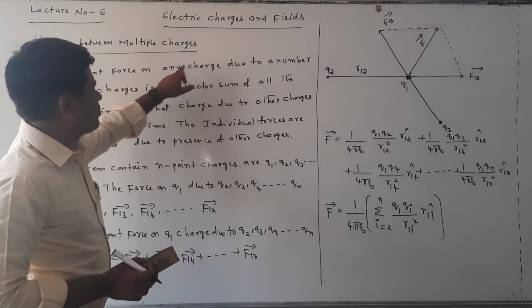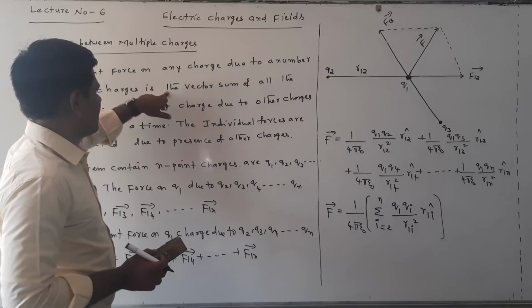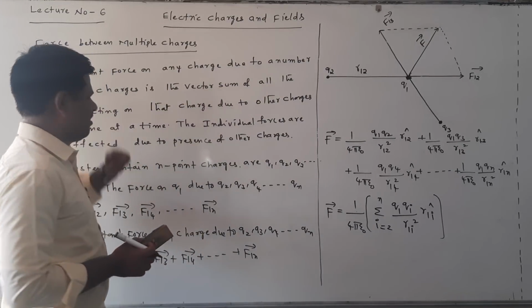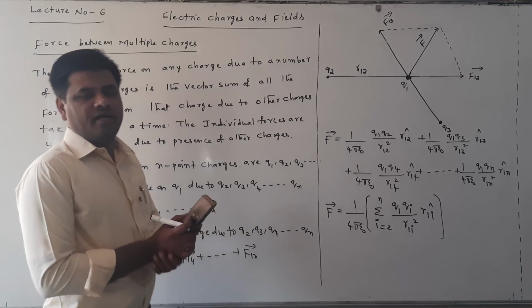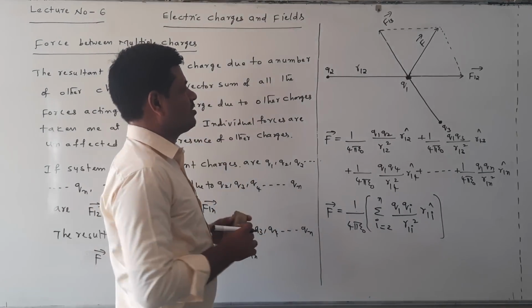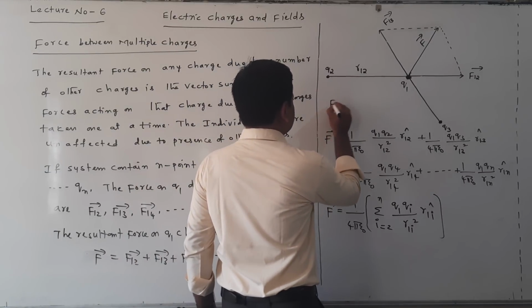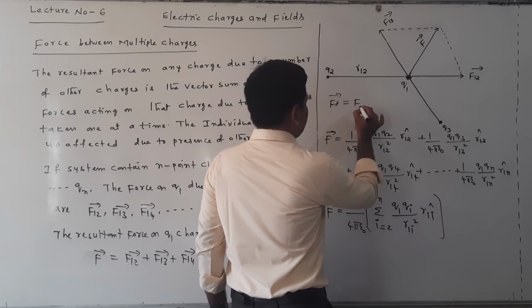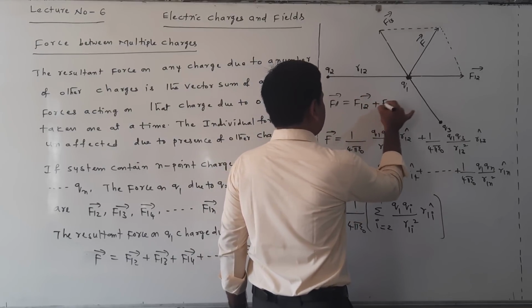The resultant force on any charge due to a number of other charges is the vector sum of all the forces acting on that charge. That means the resultant force acting on the Q1 charge can be written as F bar is equal to F12 bar plus F13 bar.